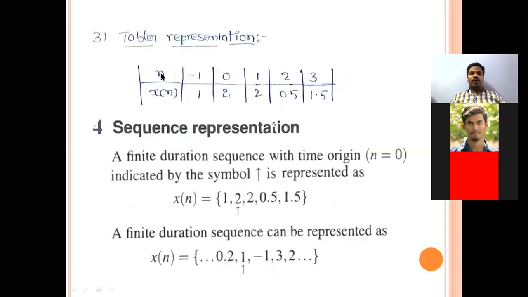Everything you are going to mention in a tabular column. So for n is equal to -1, x of n is equal to 1. This is not a different case. This is the case of the previous example, where we defined many values of n and x of n.